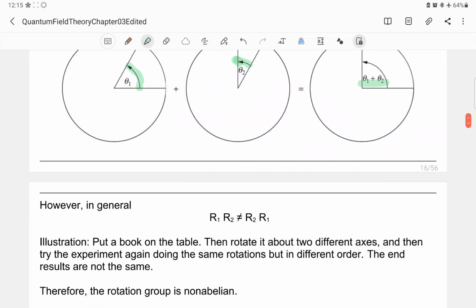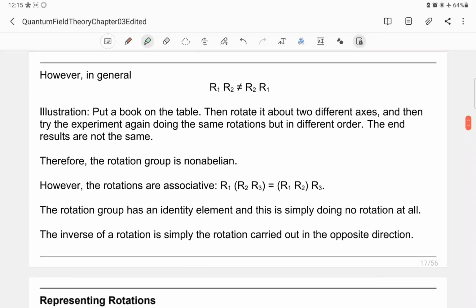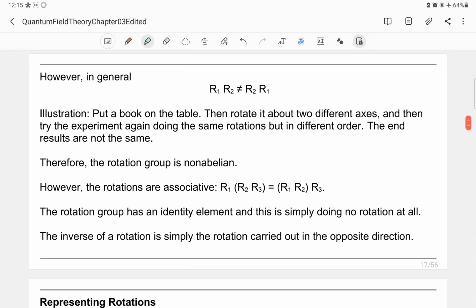In general, however, doing one rotation and the next is not the same as doing the second rotation first and then followed by the first rotation.